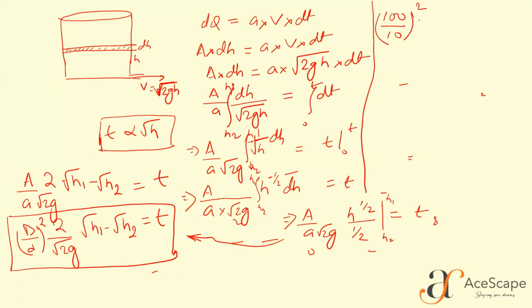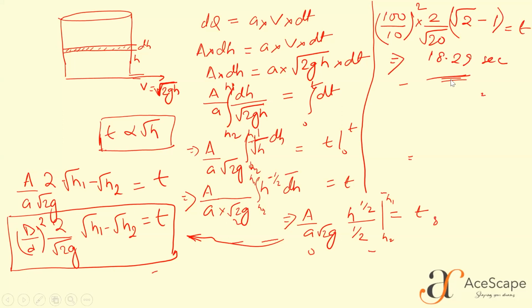So 100 by 10, squared, into 2, and the gravity value is given as 10, so it is 2 into 10, 20. And from 2, it is coming down to 1. So root 2 minus root 1, which is 1. It will give you the time t. So when we solve this, we get the value 18.29 seconds.